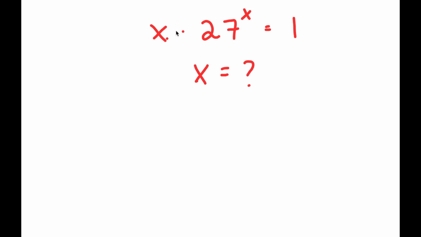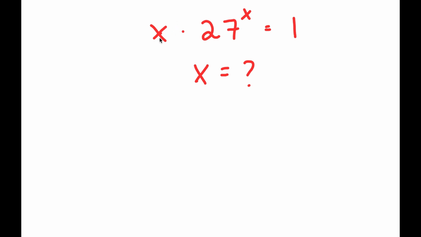So now what do I do from here? Well, notice how I have a number to the power of that same number on my right-hand side. And what I can do is put this 27 in the same form, a number to the power of that same number. Well, what number to the power of itself is equal to 27?